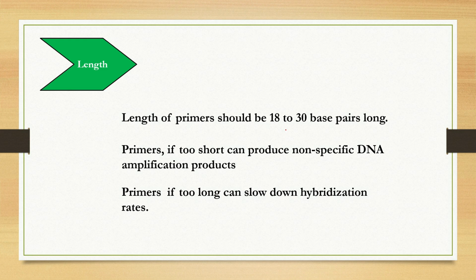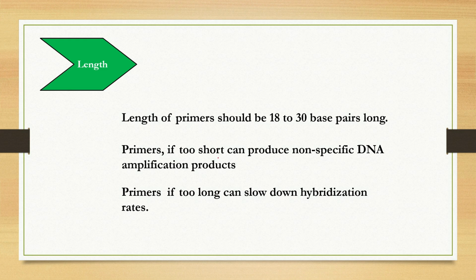But if you are using genomic DNA, which is quite larger, at that time you can increase the base pairs of your primers. Maintaining a particular length of the primer is very, very important. So depending upon the template, you can change the length of the primer.